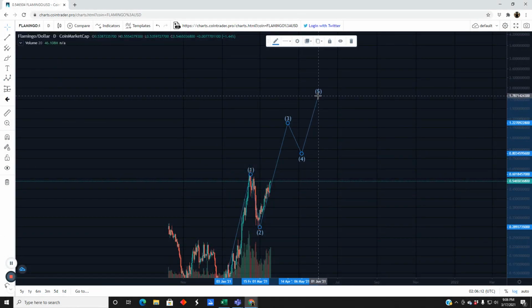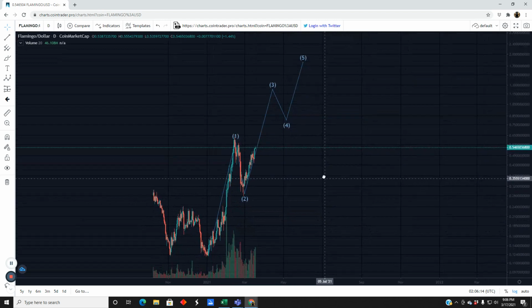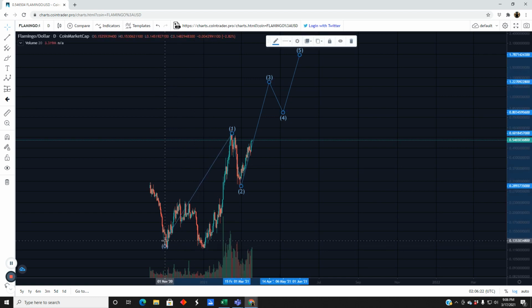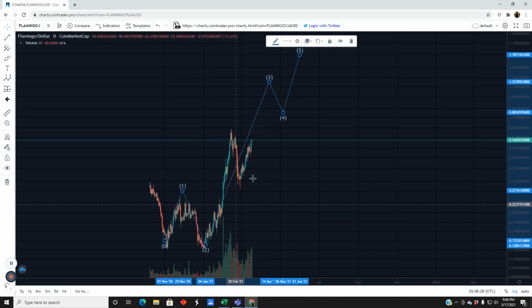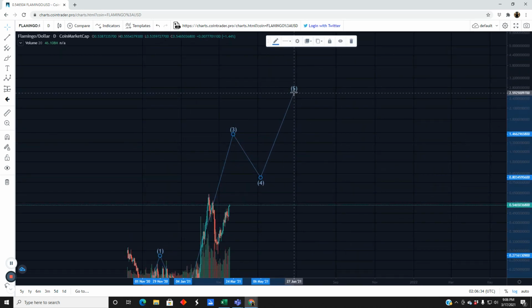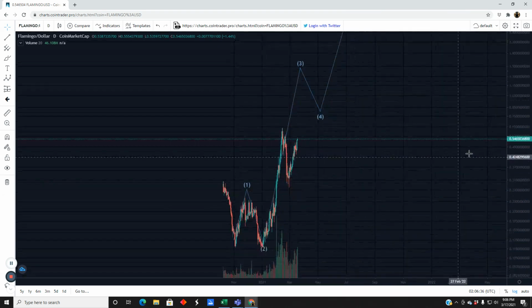Flamingo is a decentralized finance platform, which is all very popular from last year, so I expect this just to be, this actually might be wave 1 here. And then 3, I don't think 3's over. So 3 probably goes up there somewhere, and then 5 may go wherever.